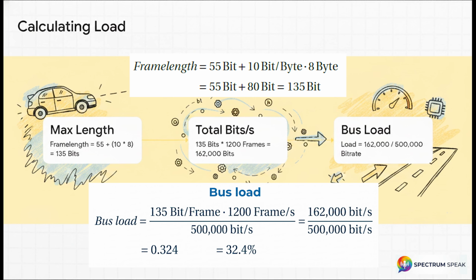Step 2, let's apply equation 4.5 to actually find the load. Bus load equals the frame length multiplied by the number of frames per second, all divided by the total bit rate. So we take our 135 bits per frame and multiply it by 1,200 frames per second. That gives us 162,000 bits being shoved onto the wire every single second. Now we just divide that by our network's absolute physical speed limit, which is 500,000 bits per second.